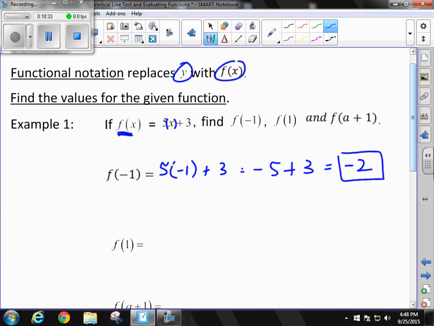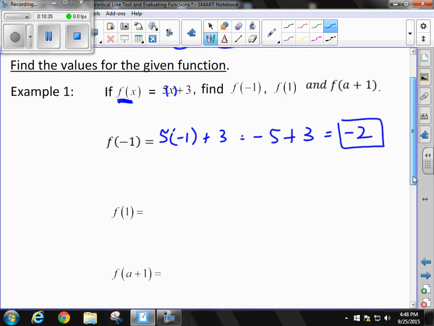Now the second time we're going to replace x with positive 1. 5 times 1 plus 3 would be 5 plus 3, which would be 8.